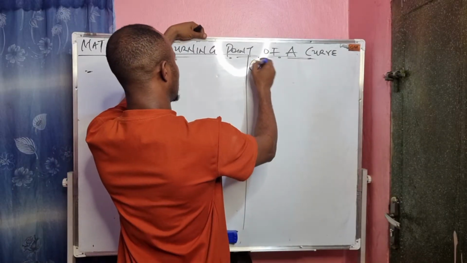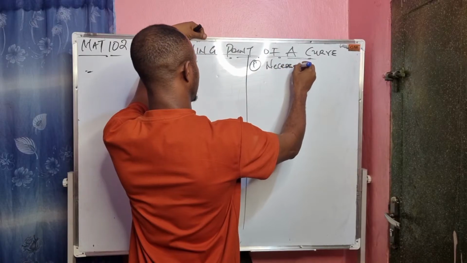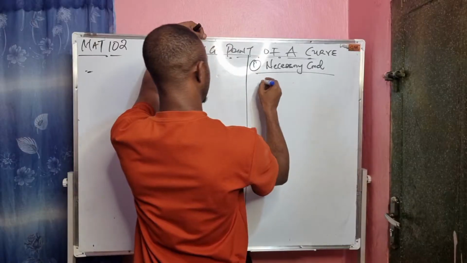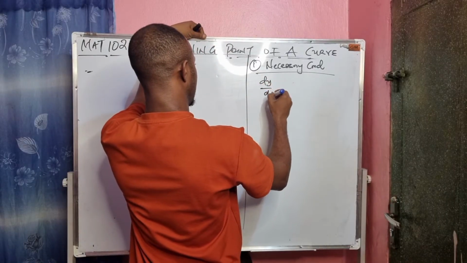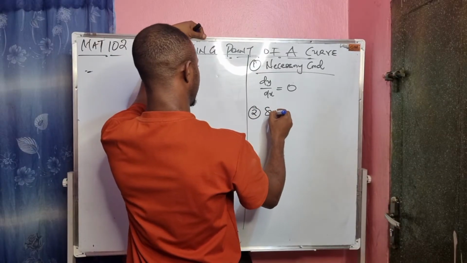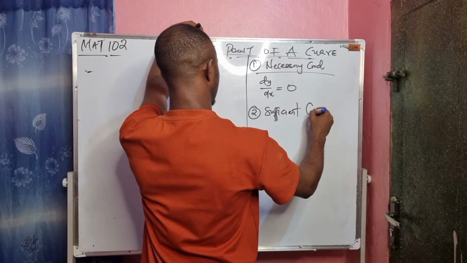We said we have the first condition, which is called the necessary condition, and under this, dy/dx must be equal to 0. Number 2, we have the sufficient condition.